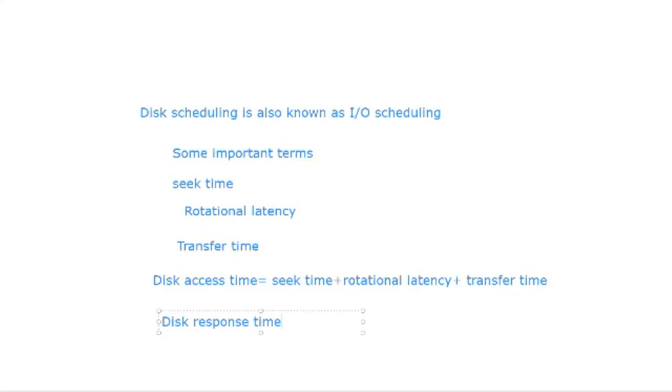What is this response time? Response time is the average time spent by a request waiting to perform its I/O operation.